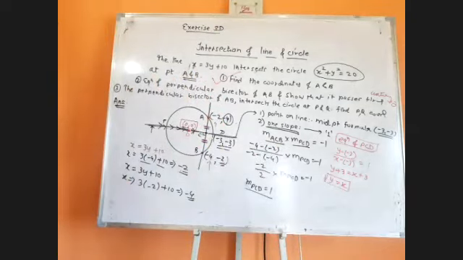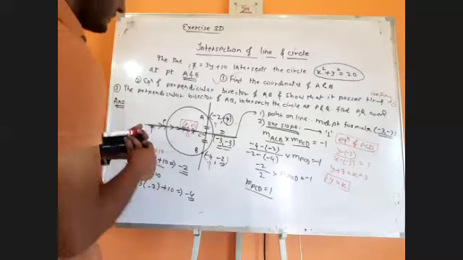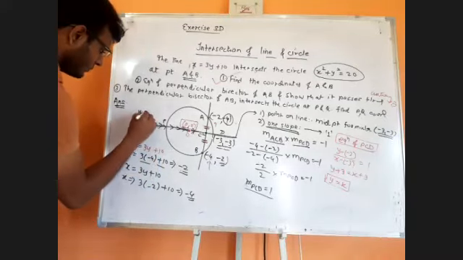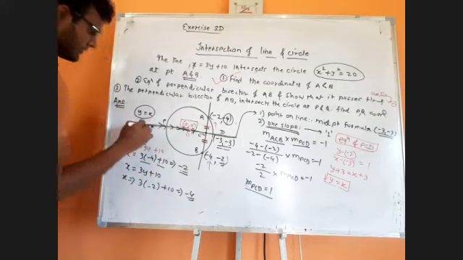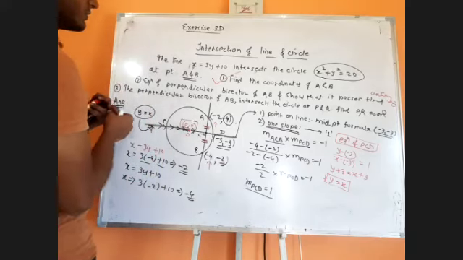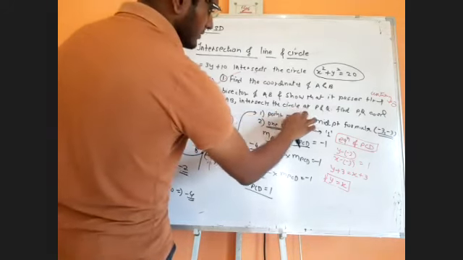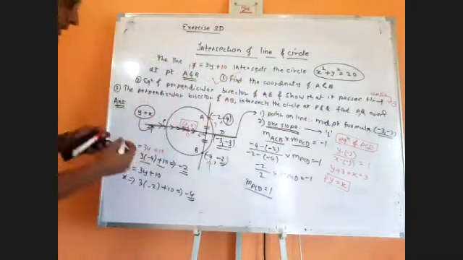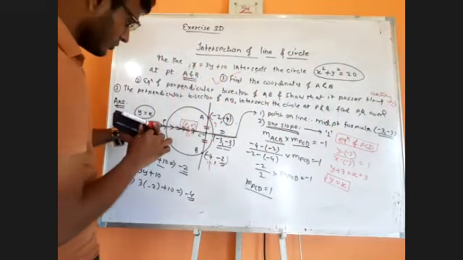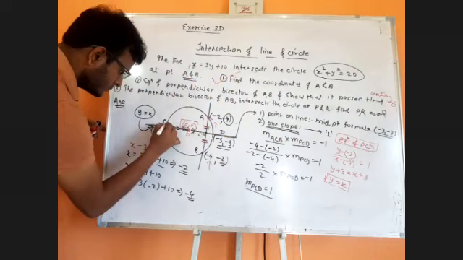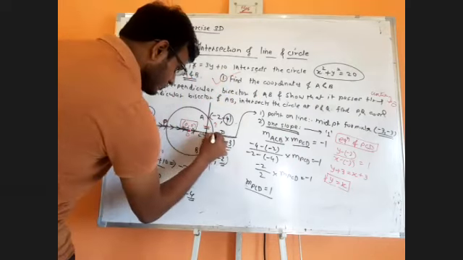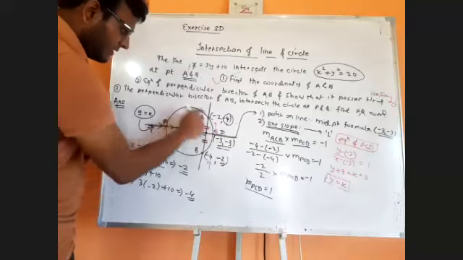Okay. What about the next question? The next question says that this line y is equal to x, the perpendicular bisector of AB, intersects the circle at P and Q. Find the coordinates of P and Q. So this is P, and this is Q. Now you have to solve this equation of line and circle simultaneously.